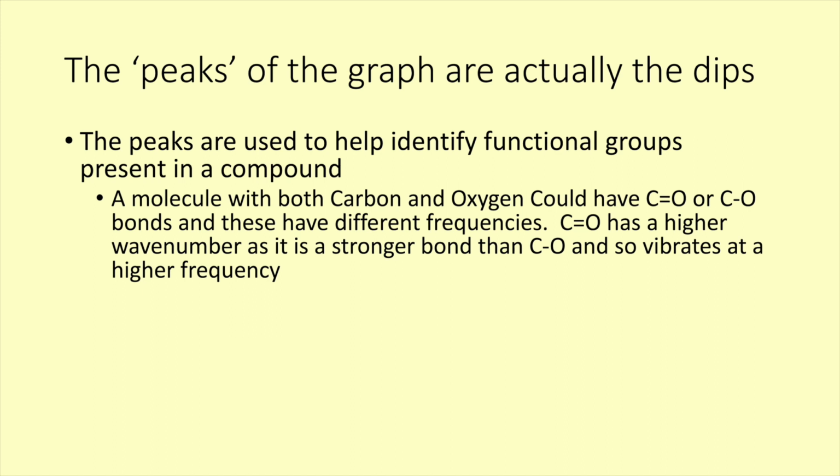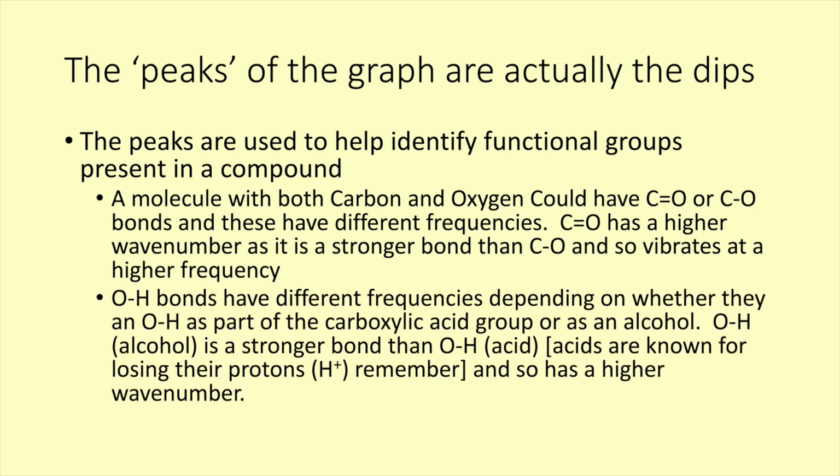A molecule with carbon and oxygen could have a C=O or a C-O bond, and these are going to have different frequencies and therefore different wave numbers. Our double bond is a stronger bond, so it's going to vibrate at a higher frequency and therefore have a higher wave number.